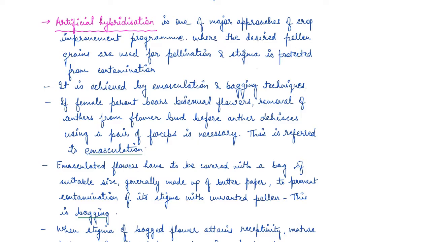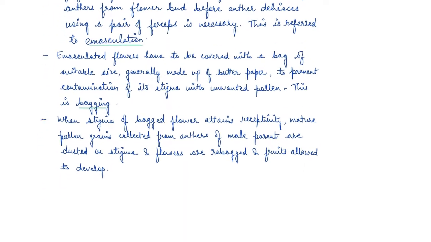The female flower buds in that case are bagged before the flower opens, and when the stigma becomes receptive, pollination is carried out using the desired pollen, and the flowers are rebagged. Remember, this is a technique of artificial hybridization.